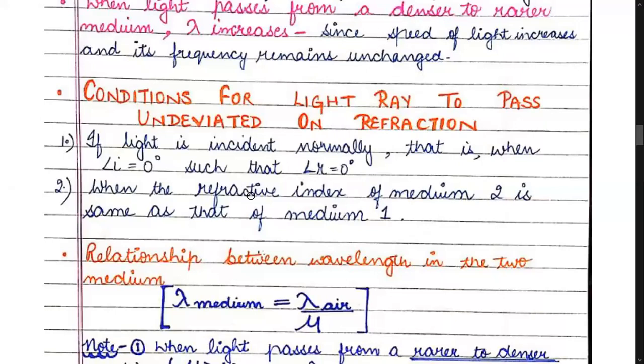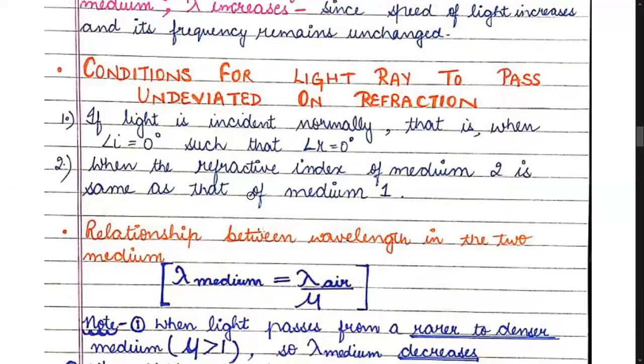Now students, further we will study a very important concept, that is conditions for a light ray to pass undeviated on refraction. So here we have to discuss when the light is not changing its path on refraction.